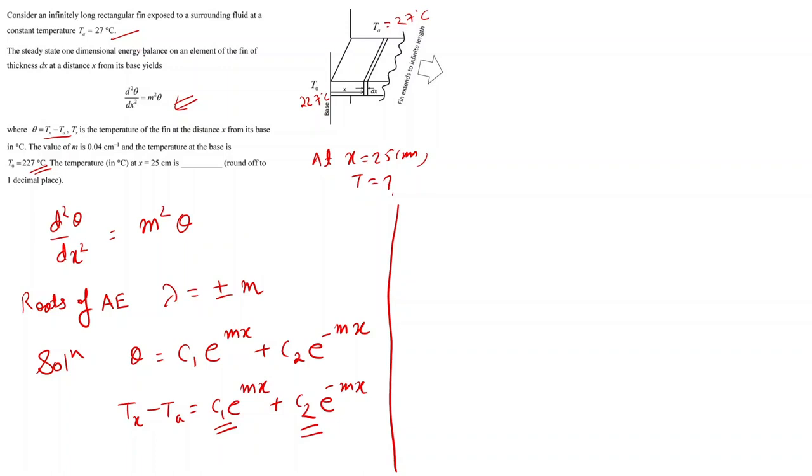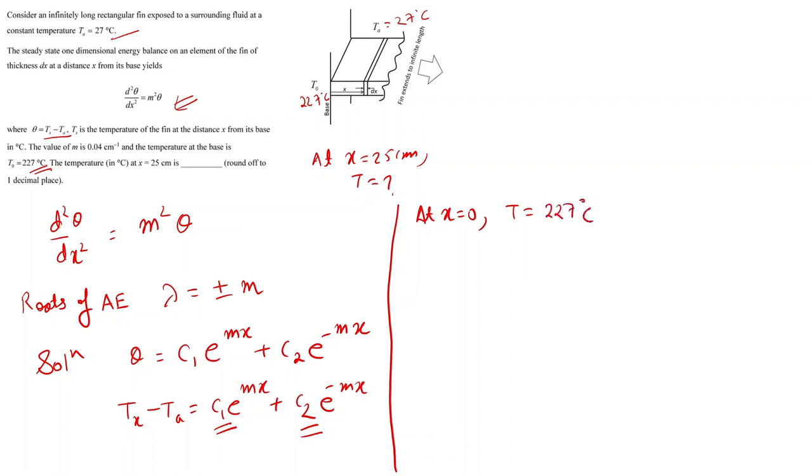We can write that at x equal to 0, the temperature is given as T equal to 227 degrees Celsius.